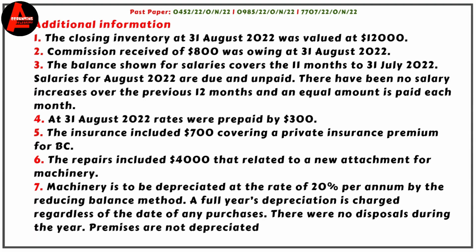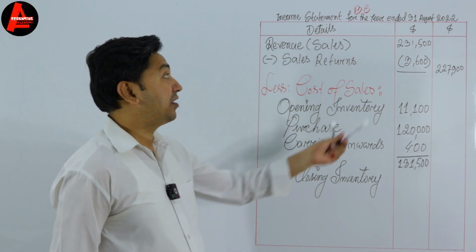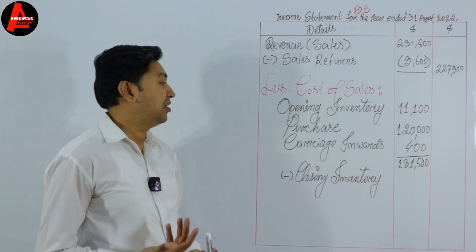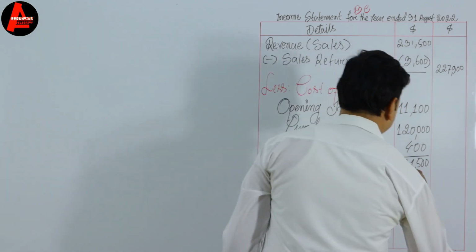Number one, the closing inventory at 31st August 2022 was valued at $12,000. It is clearly written, it is a closing inventory. At the end of the financial period, the amount of inventory is closing inventory. So here we will minus $12,000.